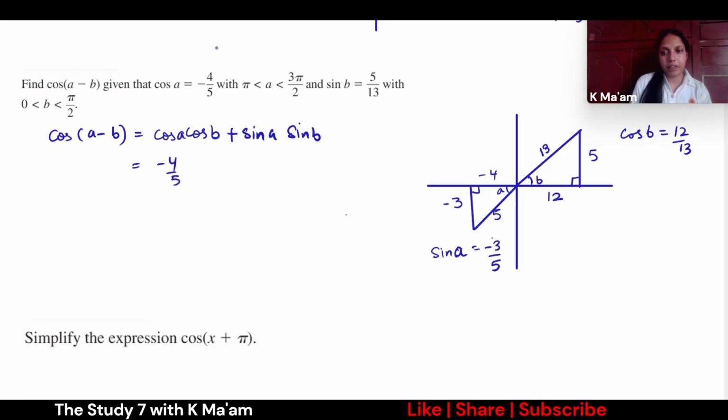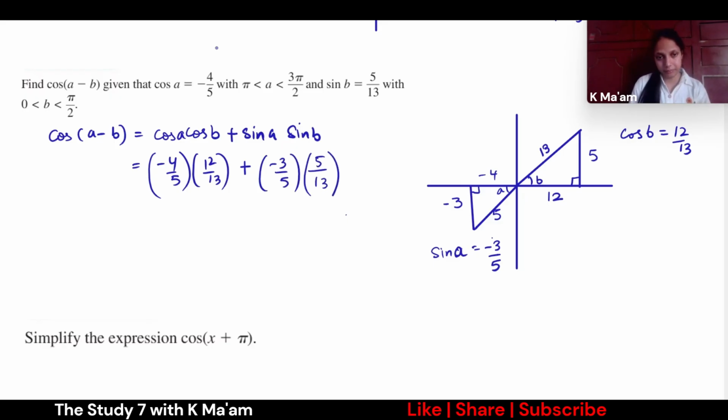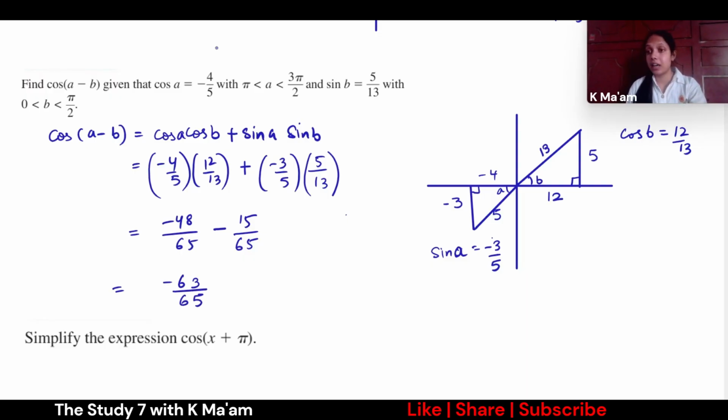Minus 4 by 5 times 12 by 13 plus minus 3 by 5 times 5 by 13. 12 fours are 48 and 13 fives are 65. 5 threes are 15, 13 fives are 65. You can add. It's negative 63 over 65 is the answer.